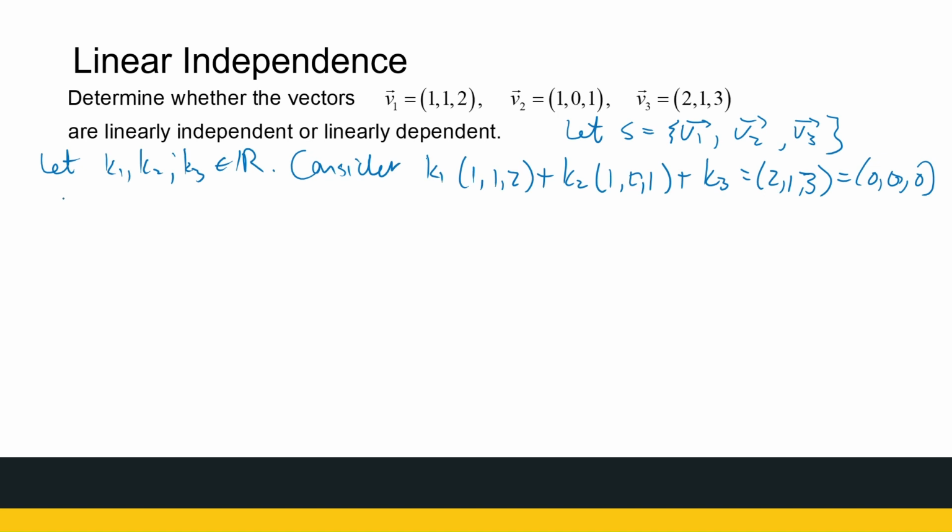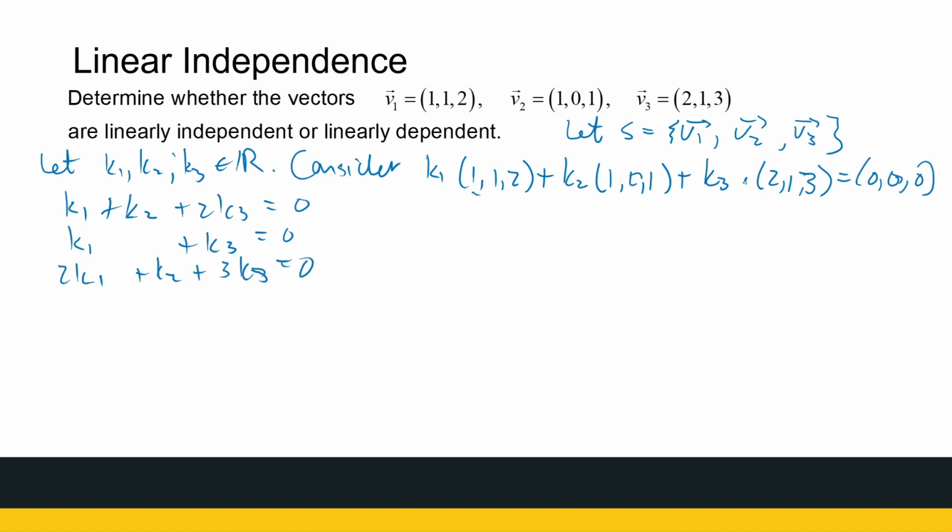Let's look at the system. The system of linear equations is then, looking at the first entry, K1 plus K2 plus 2K3 equal to 0. K1 plus K3 is equal to 0. 2K1 plus K2 plus 3K3 equal to 0.